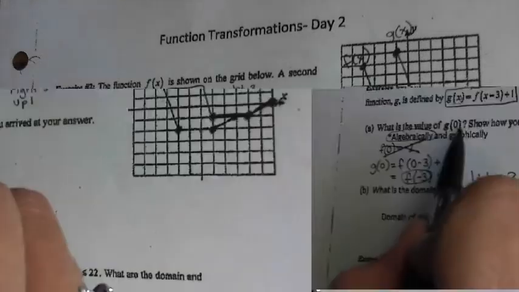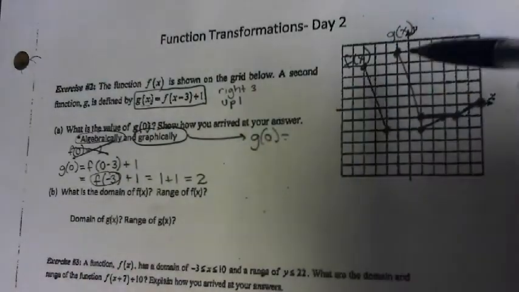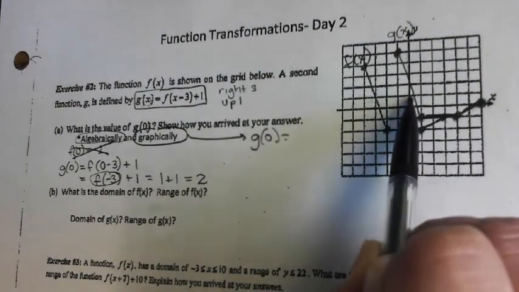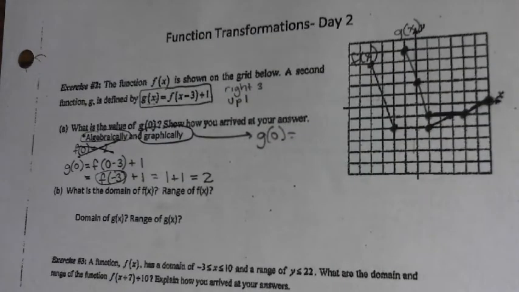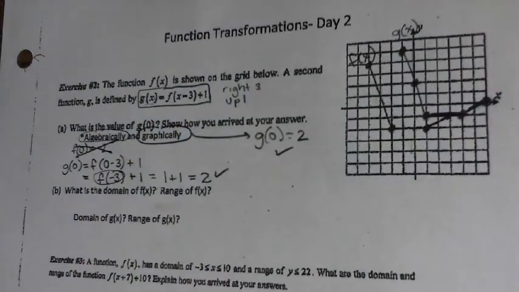And then sure enough, we'll confirm that graphically. g of 0, if I look on my graph, x coordinate of 0 and 2 units up, there is your point on the g graph. Okay?